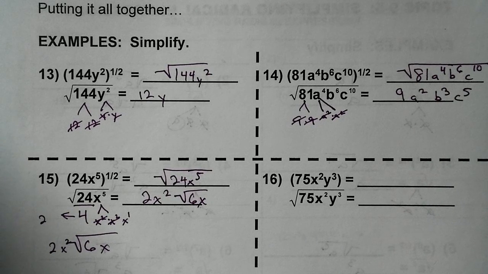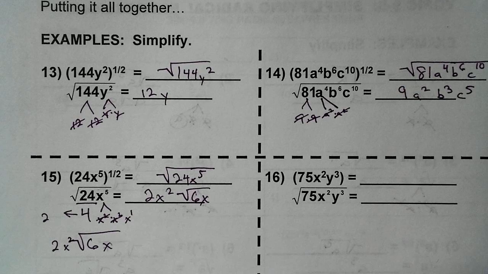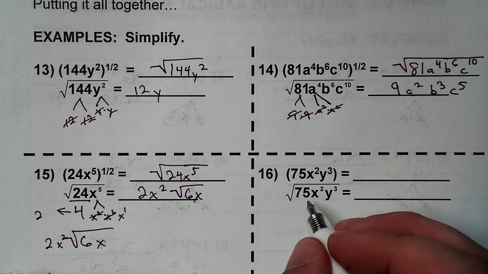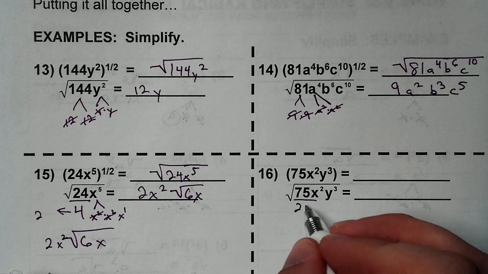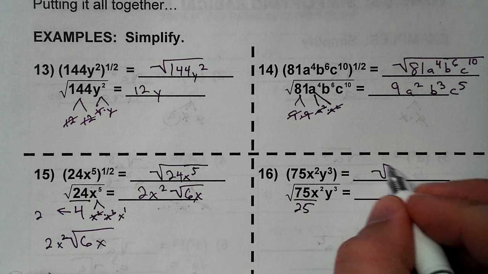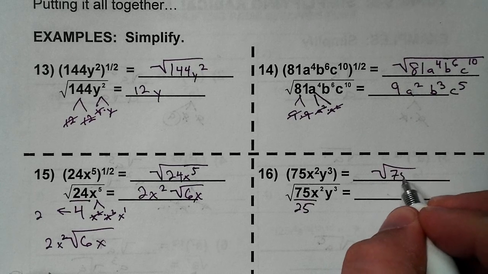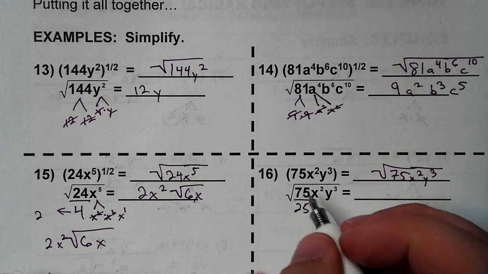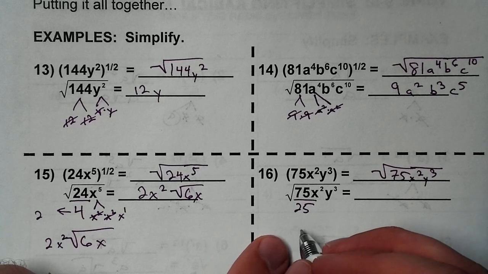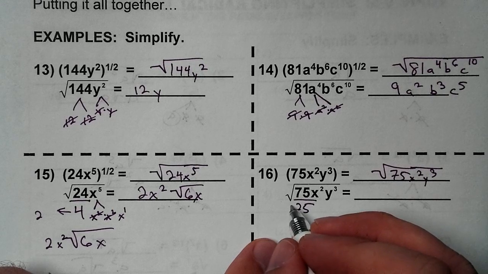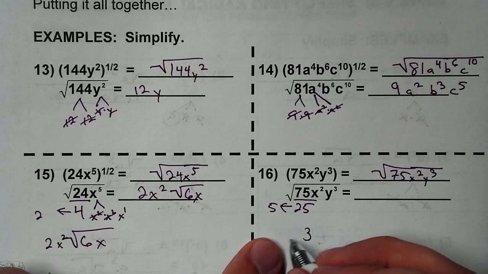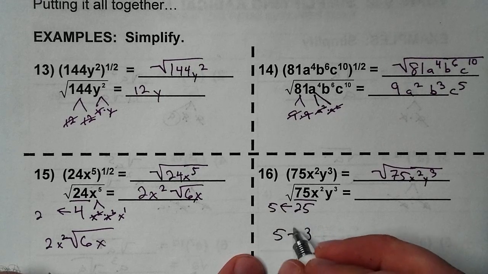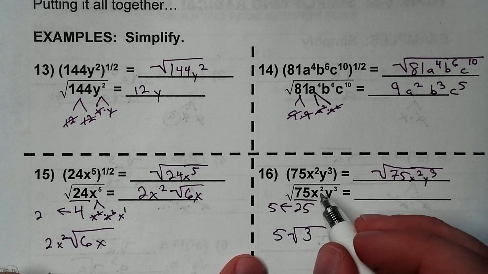Now, on number 16, 75 is not a perfect square. But I can divide a perfect square of 25 out of there. Sorry, this is the square root of 75 x squared y to the 3rd. So, 75 divided by 25 will give us 3 left over. We pull out that square root, which is a 5. So, 5 square root of 3, we got our numbers. Now deal with the letters.